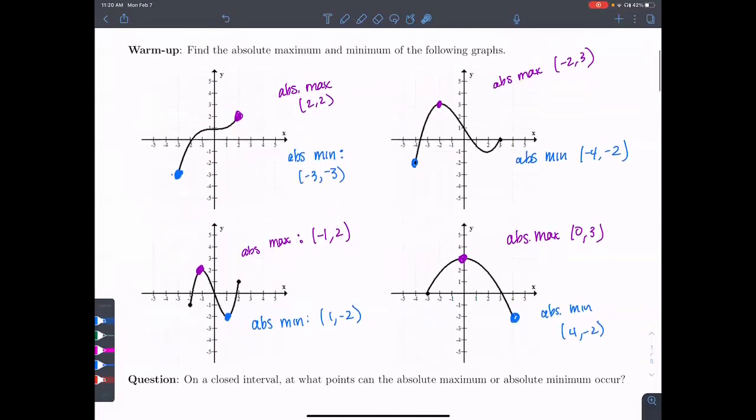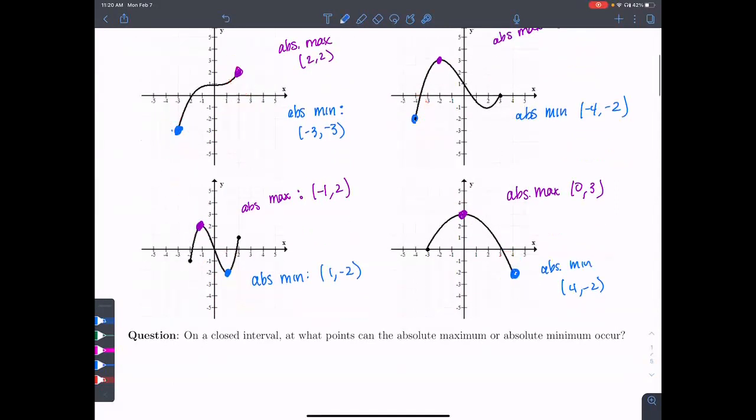If you look at all of these, where do those happen? Where do the absolute mins or maxes happen? Well, it looks like they happen at what would be relative extrema too. So where the derivative is 0 or undefined, so those would be critical values. But it could also happen at the endpoints. Here's the difference: we're on this closed interval, so these endpoints do matter.